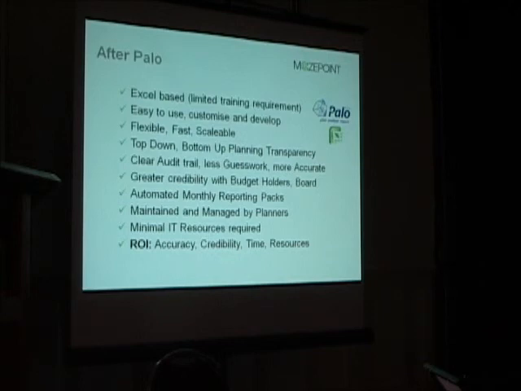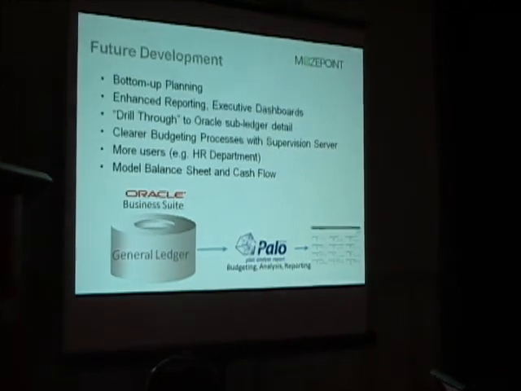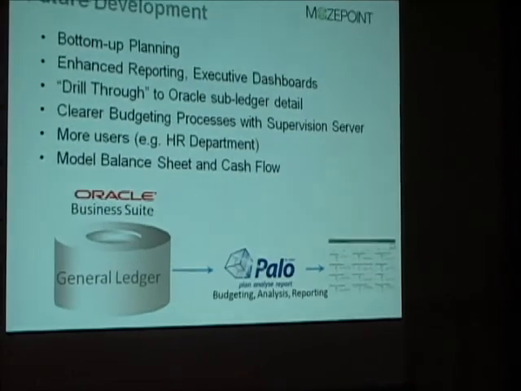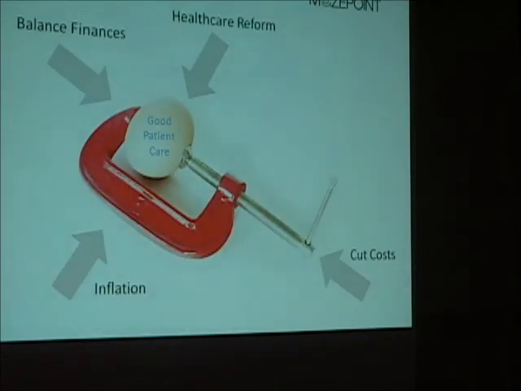So after Palo, it's really ticked all the boxes for them. And next, there's a roadmap to the future. They want to do bottom-up planning, as I mentioned. They want to model balance sheet and cash flow. More users are knocking on the door saying they want access to the tool, and drill through to the ledger area as well.